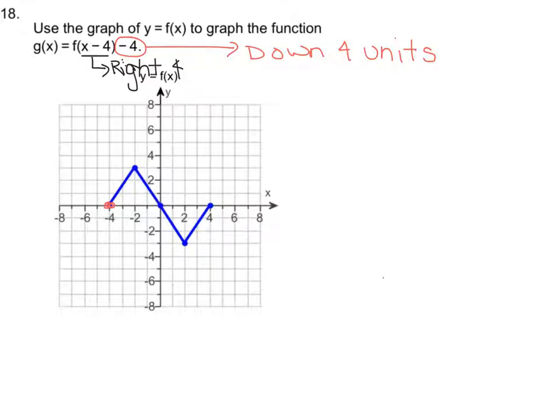So first I have a negative 4, 0. Then I have a negative 2, 3. And also a 0, 0.